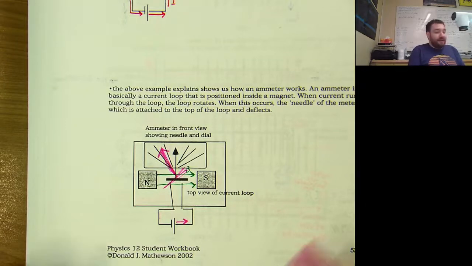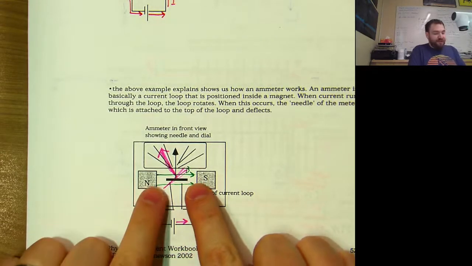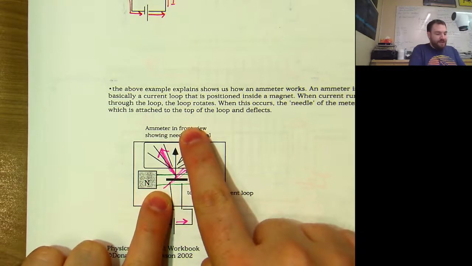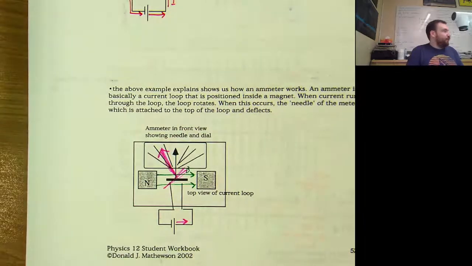Which is why, if you flip the leads around on the thing, the needle's going to go the other way. Because now the forces aren't this way and this way, they're this way, causing the ammeter to go like that. Real simple device, an application of magnetic force on a wire.